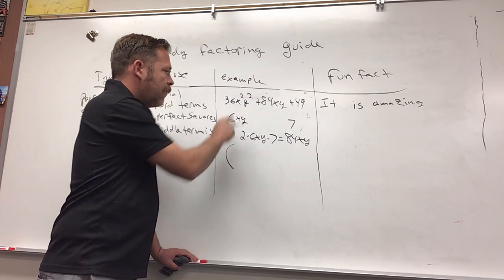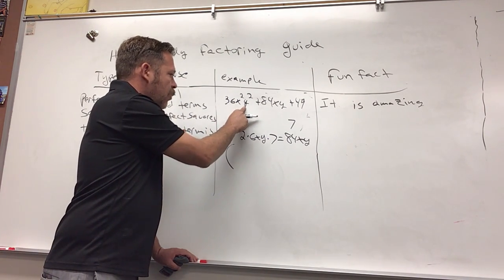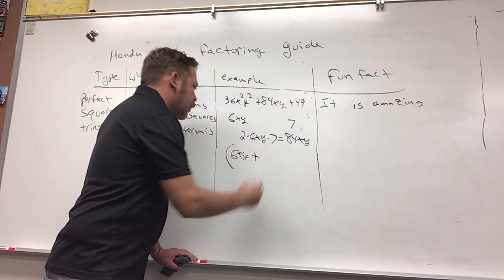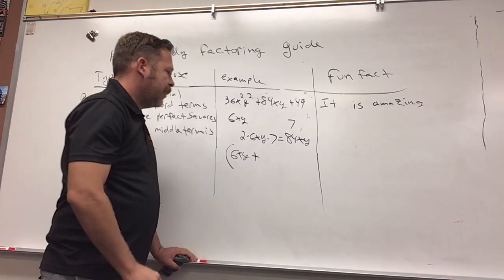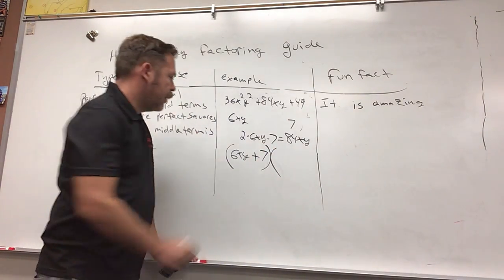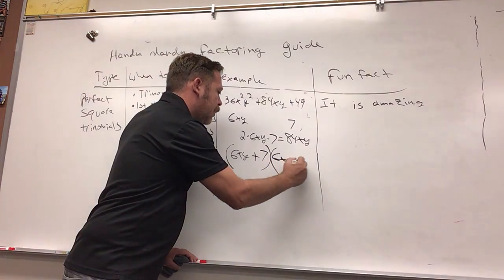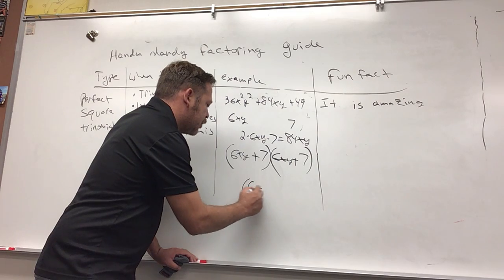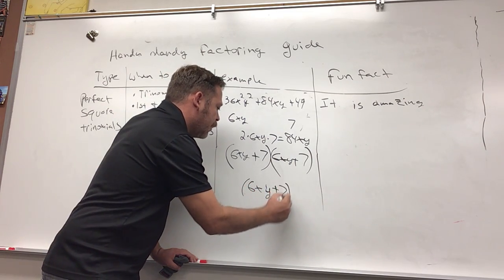So the square root of the first term, 36x squared y squared, is 6xy, plus the square root of the second term, which is 7, and then it's going to be times the same thing, 6xy plus 7, or you can write it as 6xy plus 7 squared.